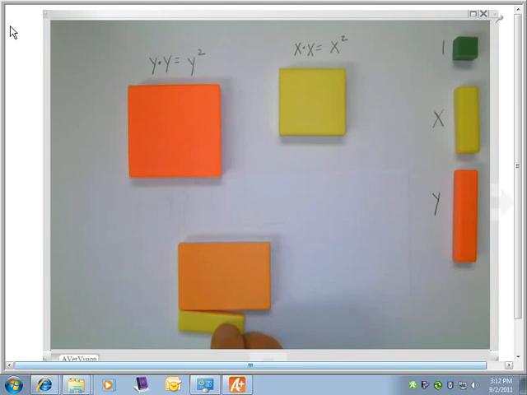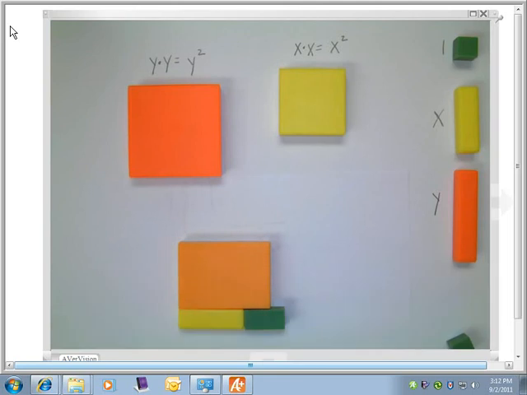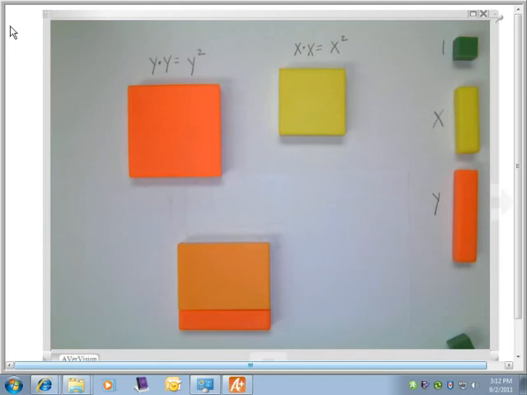Well, I could try this. A yellow. Let me see what happens if I put a couple green in there, if I can get that to work. That doesn't work. Okay. So let's try a y. Cool. That works.